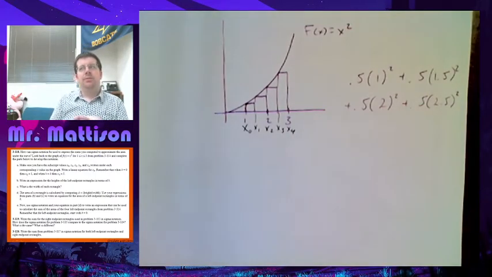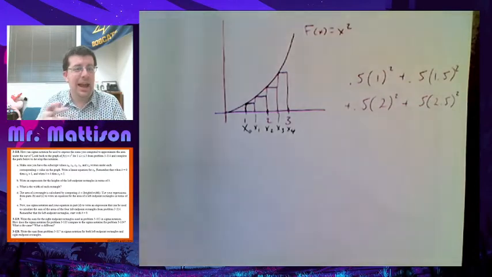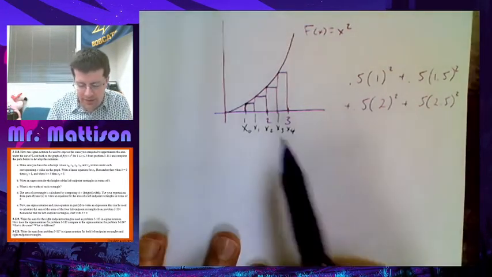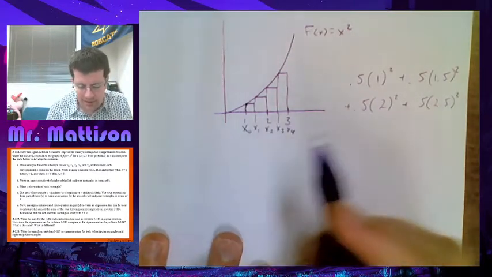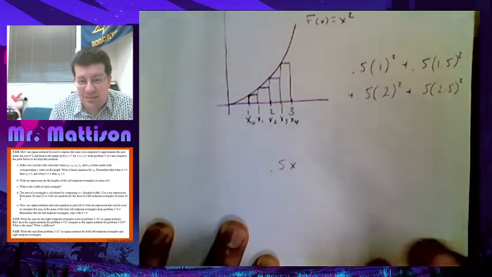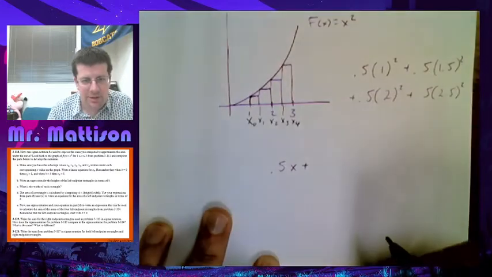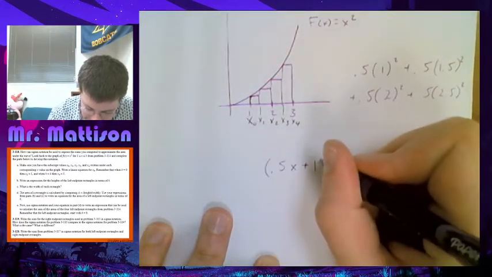If we think back to when we first did these summations, we asked how we can get a summation that doesn't count by ones, but counts by halves or 0.2s. Here, my rate of change is a half. So that would be 0.5x, like my slope, plus wherever I'm going to start, which in this case is 1.